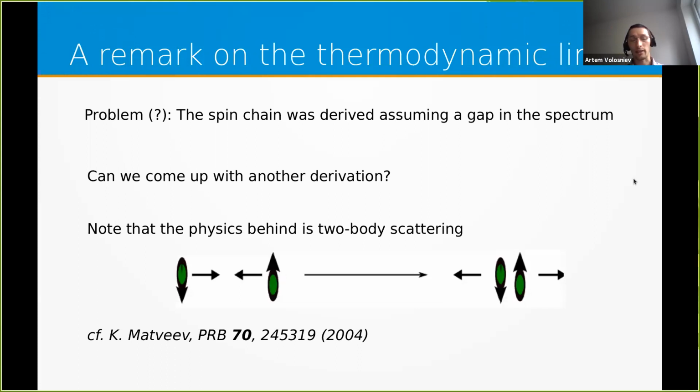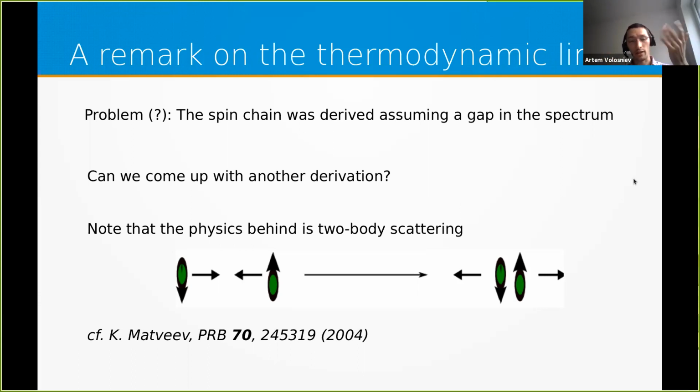Another derivation might be related to the Bethe ansatz that we discussed, or it might come from a more physical point of view. The physics behind is just two-body scattering. If it's just two-body scattering, then this coefficient J tells you how often particles exchange their positions, so it's related to the two-body scattering matrix.